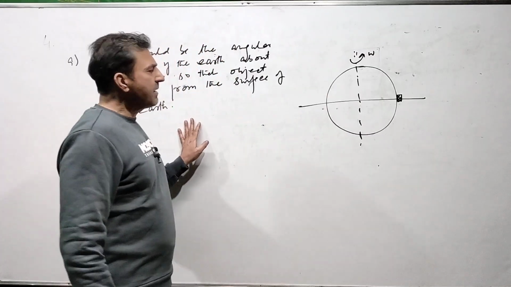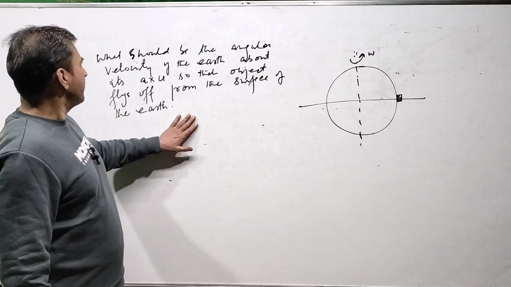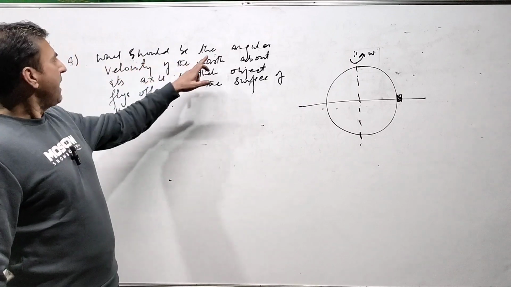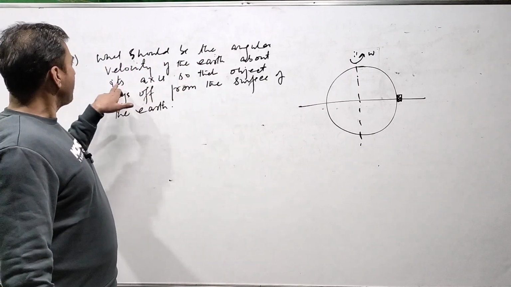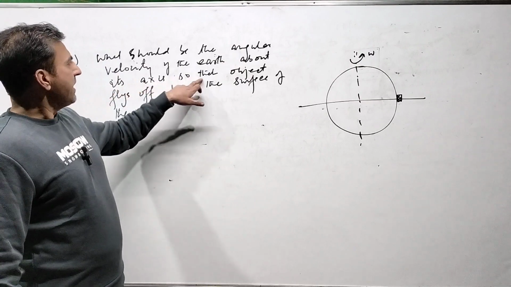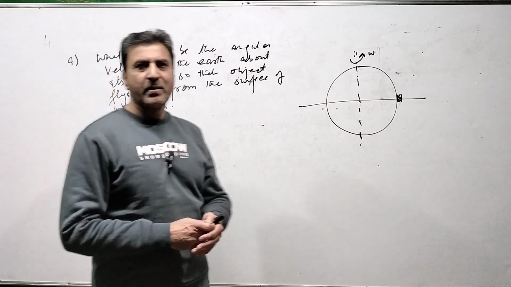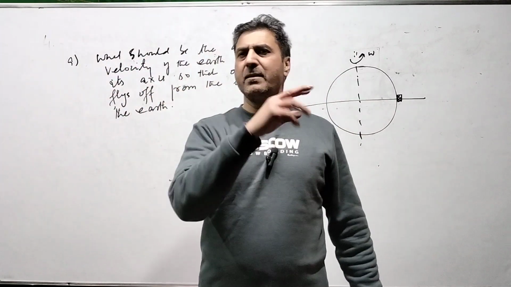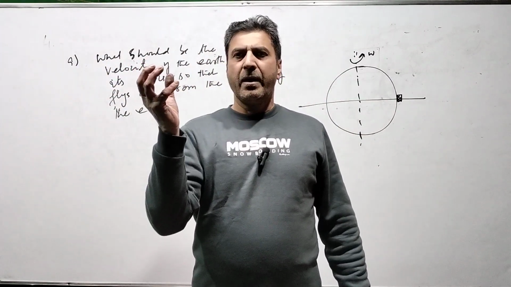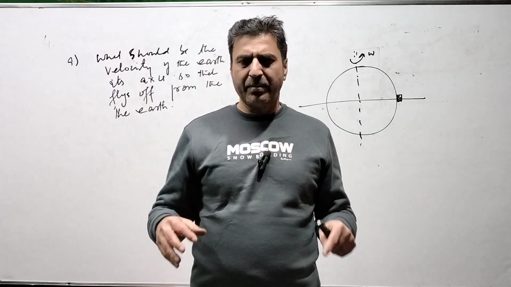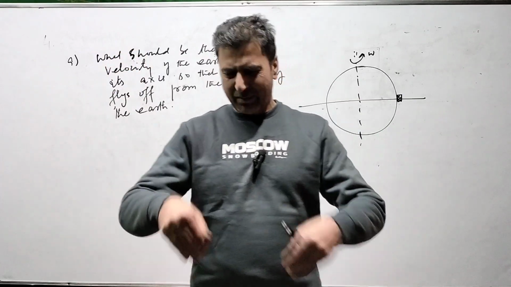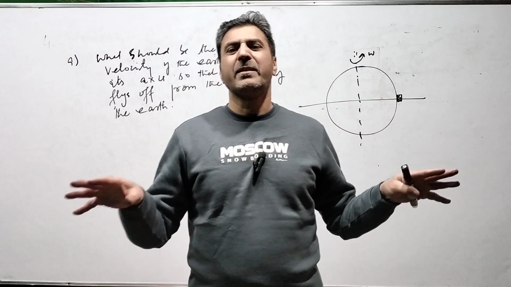Now the example, I made an example like this. What should be the angular velocity of the earth about its axis so that an object flies off from the surface of the earth? Objects on the surface of the earth, as we all know, stick to the ground because of gravitational force, because of gravity.